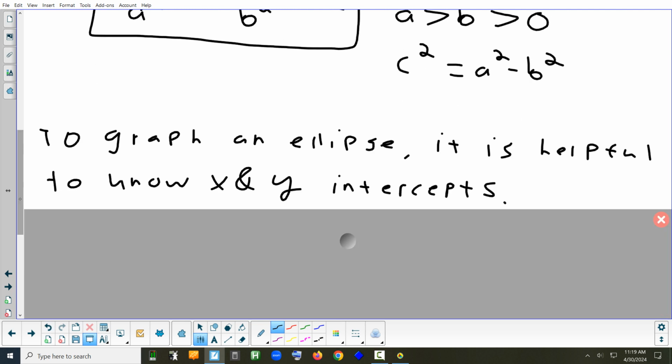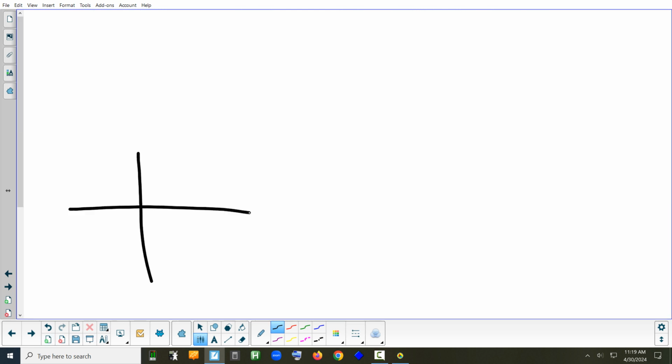All right, so if they want us to graph an ellipse, sometimes the intercepts are helpful, not always. Why might intercepts not be helpful when you're drawing an ellipse? Yeah? When the center is not 0, 0, it wouldn't be helpful. Well, even for an ellipse that's off center, the intercepts could still be helpful things to find.